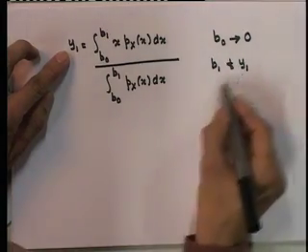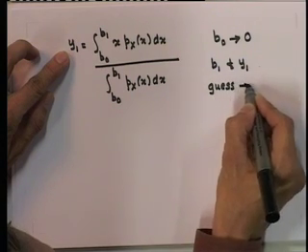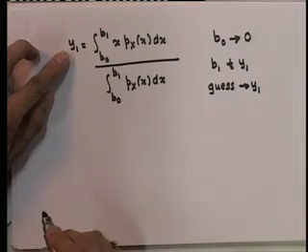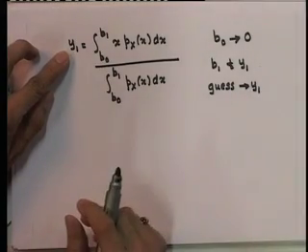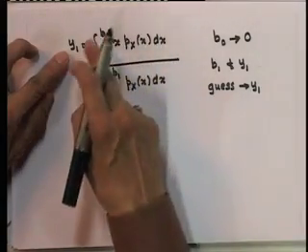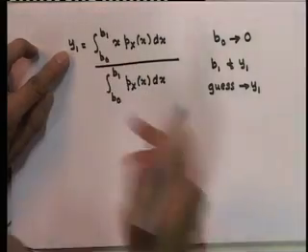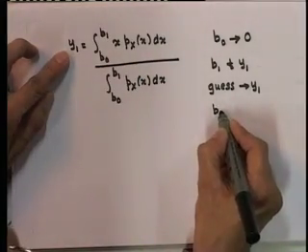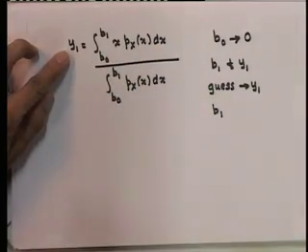Now, we make a guess at y1 and later we will try to refine this guess. Using this guess in this equation, we numerically find the value of b1 that satisfies this equation.